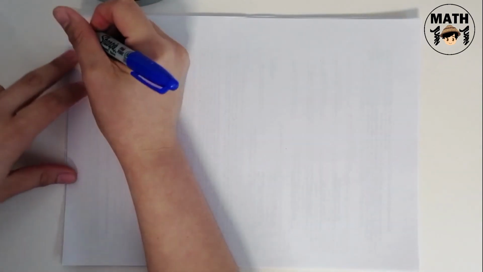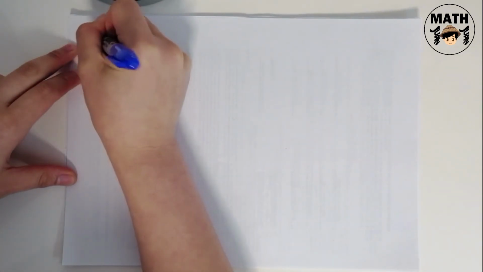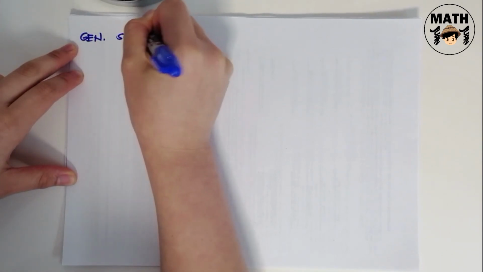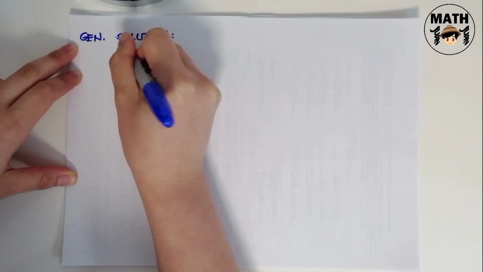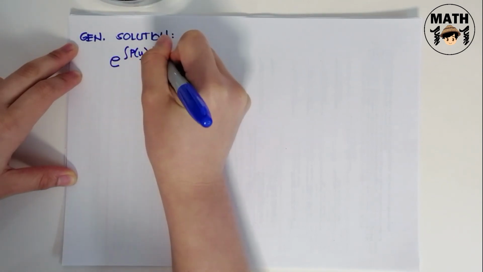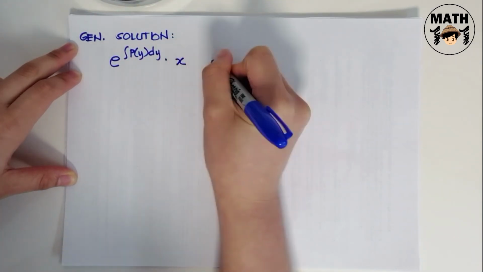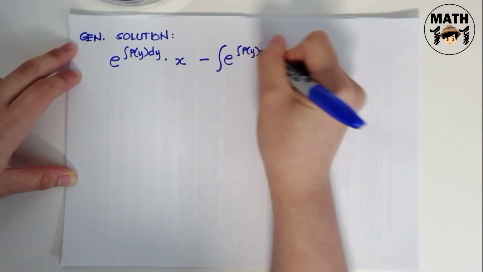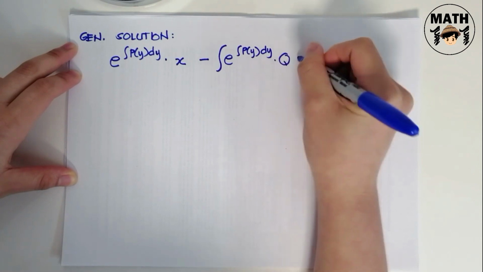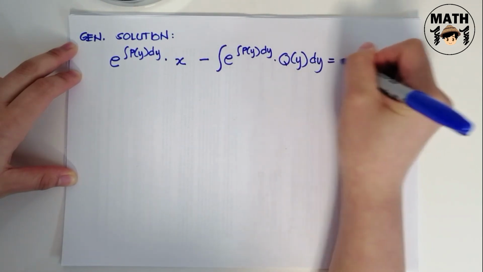Dahil x na yung ating dependent variable, yung general solution natin, magkakaroon din ng slight modification. That is now equal to the integrating factor multiplied by the dependent variable minus the integral of the integrating factor times q of y dy equals constant.